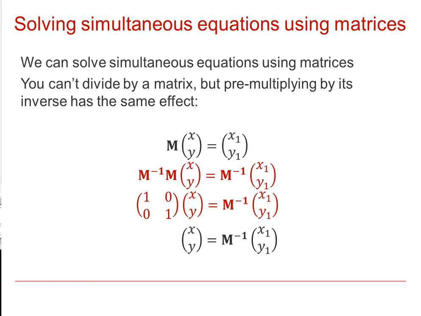You may remember that the identity matrix (1, 0, 0, 1) for the 2 by 2 matrices is formed when we multiply a matrix M by its inverse. M to the minus 1 is the notation we use for that. Thus, if you follow the working on this slide, you can see that pre-multiplying by M to the minus 1 allows us to identify the original coordinates x and y.